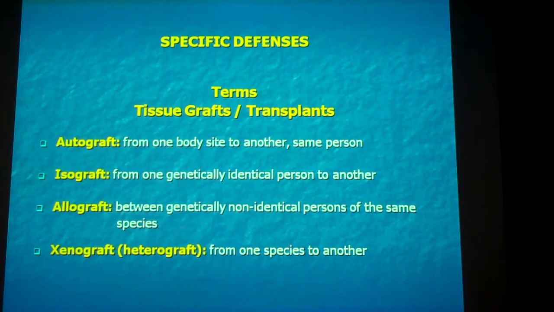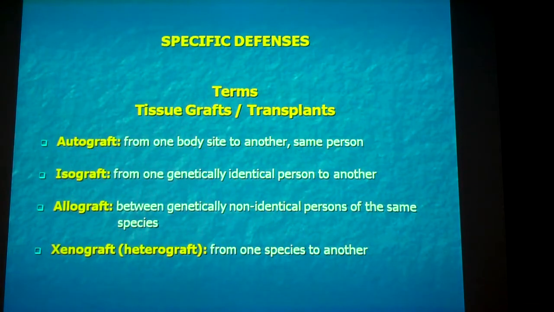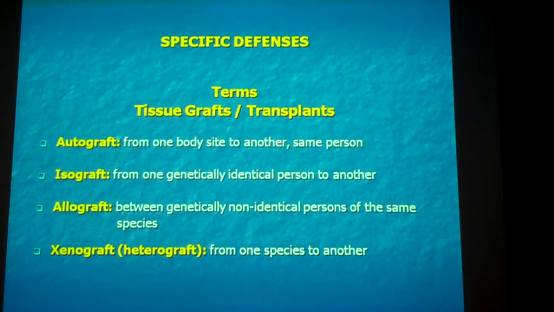An isograft is a transfer from one person to another that have the same genetic makeup, like in identical twins. An allograft, also known as a homograft, is a transfer from one member of a species to another member of the same species. All right, so, for example, a major burn victim, got multiple wounds that need to be covered temporarily.